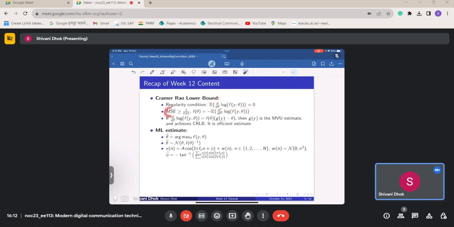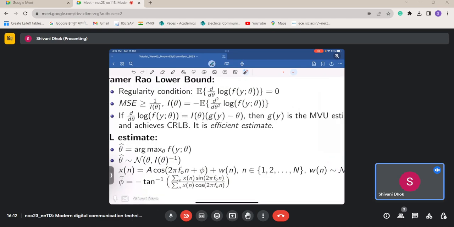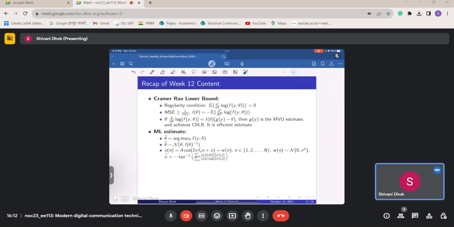And your MSE, this is your lower bound, which is 1 upon I theta, which is given by minus expectation d square by d theta square log fy theta. And suppose I am able to write the first differentiation of log fy theta with respect to theta in the form of I theta into gy minus theta, and this gy is your MVU estimate for theta.